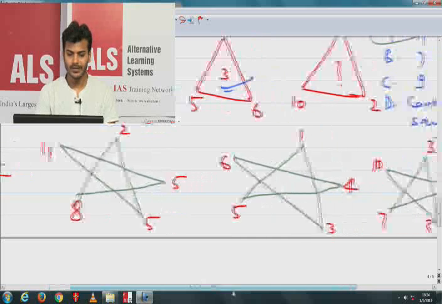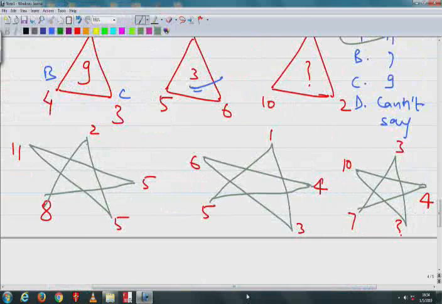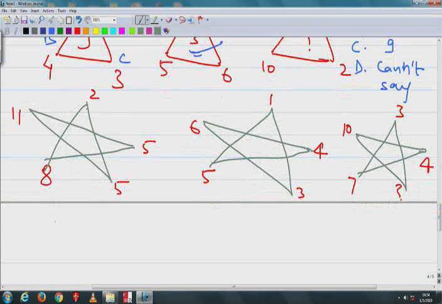Now can you see it clearly? Yes, you can see it now. So options we have A, B, C, D. Options are here: 1, and then we have 3, 5, and here it is 7.